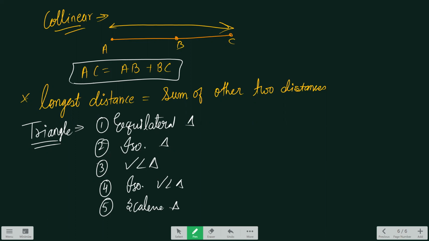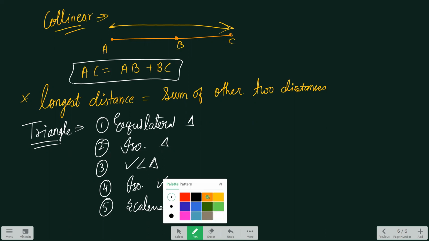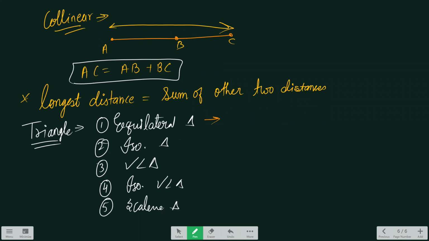So these are the types of triangles, and you can identify each and every one on the basis of distance. Okay, because you can find the distance only in this exercise. Okay, no angle is there.